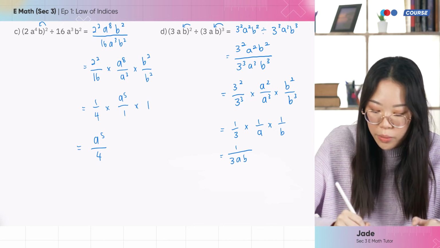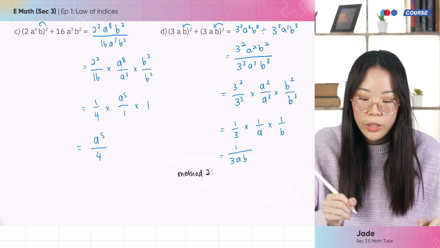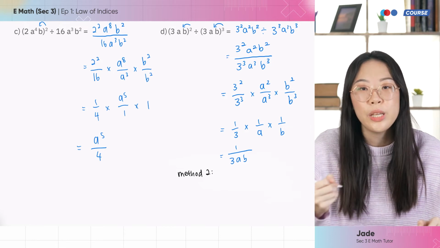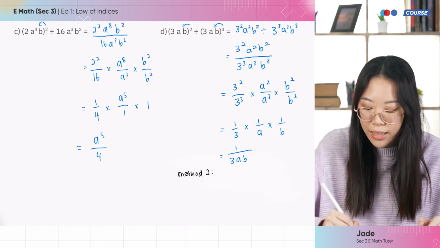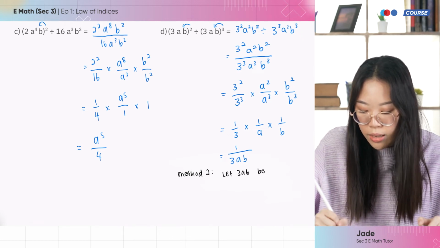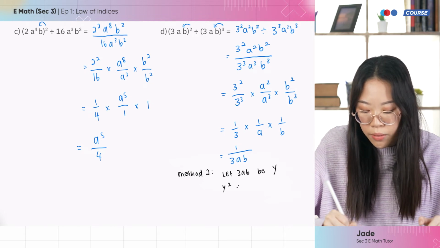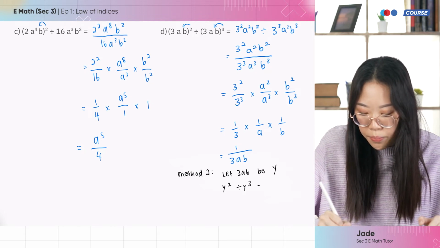So this is just the first method. Let me show you a second method. Okay, so in method 2, we will utilize substitution. For 3ab, it can be thought of as a new term. So we can simply write, let 3ab be, let's say, letter y. This will give us y squared divided by y cubed.